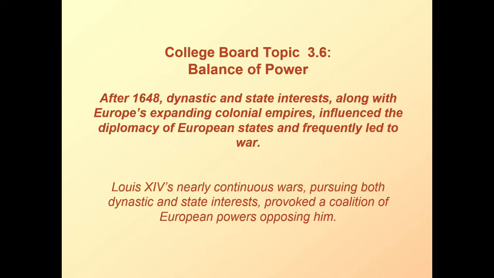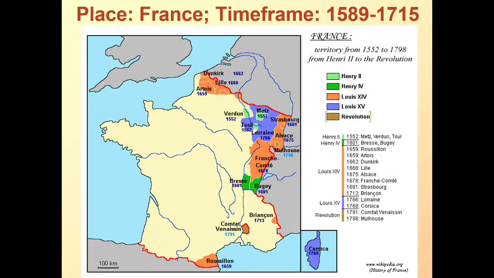And Louis XIV's nearly continuous wars, pursuing both dynastic and state interests, provoked a coalition of European powers opposing him. And I think that's a reference to specifically the War of Spanish Succession.